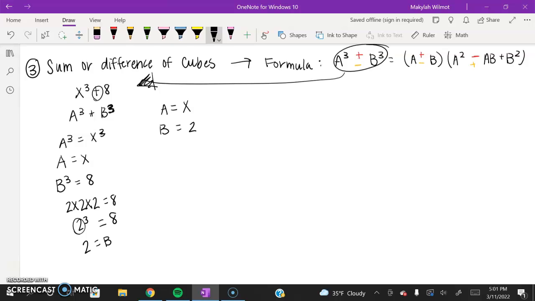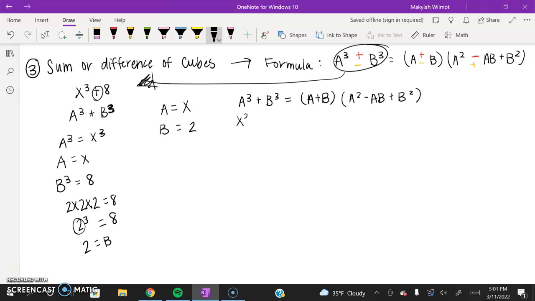b equals 2. So coming down here, we're going to use the a cubed plus, because that's what this was, a cubed plus b cubed equals a plus b, a squared minus ab plus b squared. So we can now just plug in.